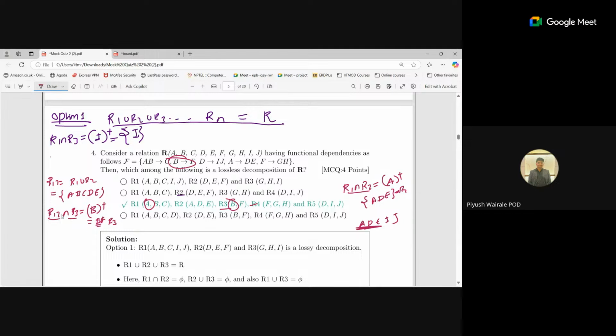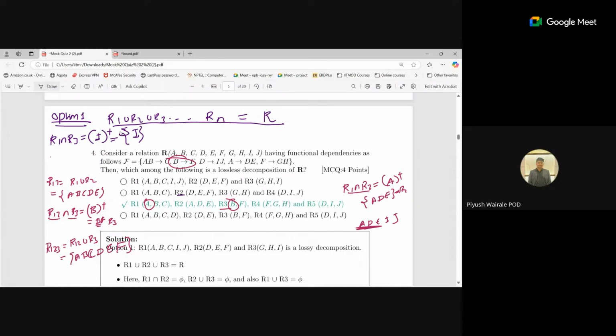It means I can join this R12 with R3. So we'll say R123 is basically R12 union R3. That is A, B, C, D, E, F. Now R123 with R4, do you have anything in common? Or R5? Yes, F and D with R5. So we can take any one. Let's say instead of 4 we'll go with 5.